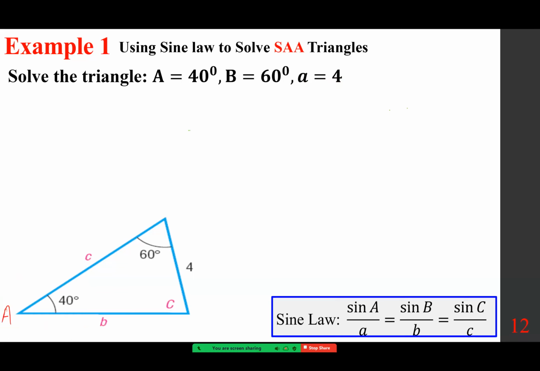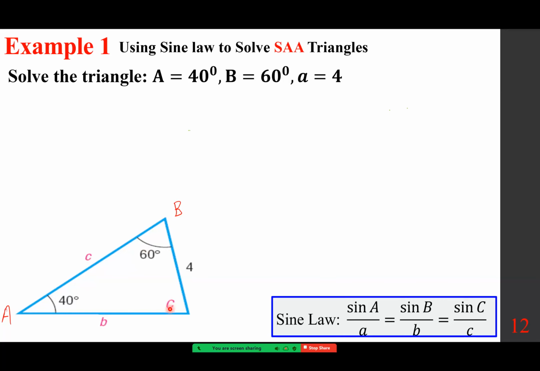So when they say A is 4, that means this is capital A. Since the opposite is lowercase b, this is capital B, and C is given. This is capital C, this is lowercase c. Just in case, because a equals 4, and this is capital A, and because they call this lowercase b, this must be capital B. Now, the easiest one would be to find this angle, because 40 plus 60 plus C must add up to 180 degrees.